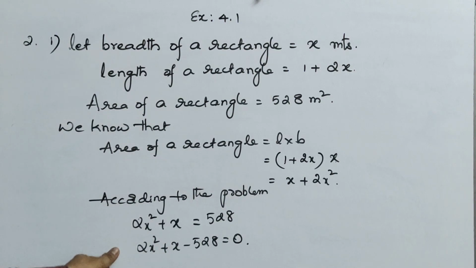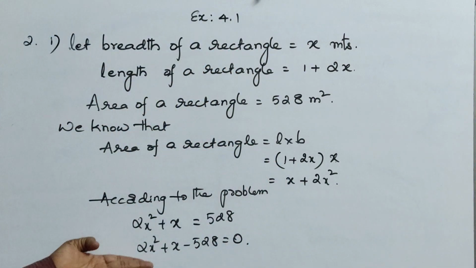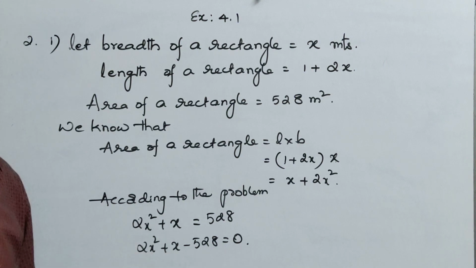So we got this as a quadratic equation. When they ask how to find the length and breadth, you have to solve this by factorization. That is the only difference. At present he asked only for the quadratic equation, so we can stop the sum here. Okay, see the next sum, children.